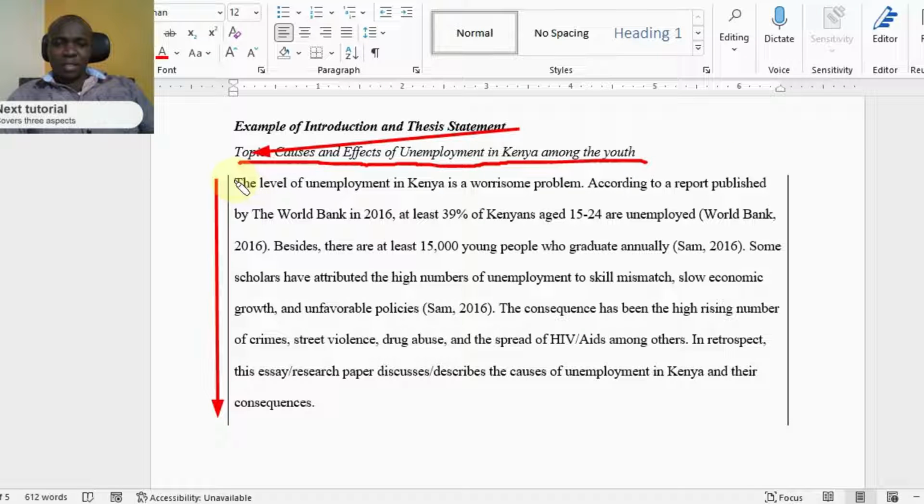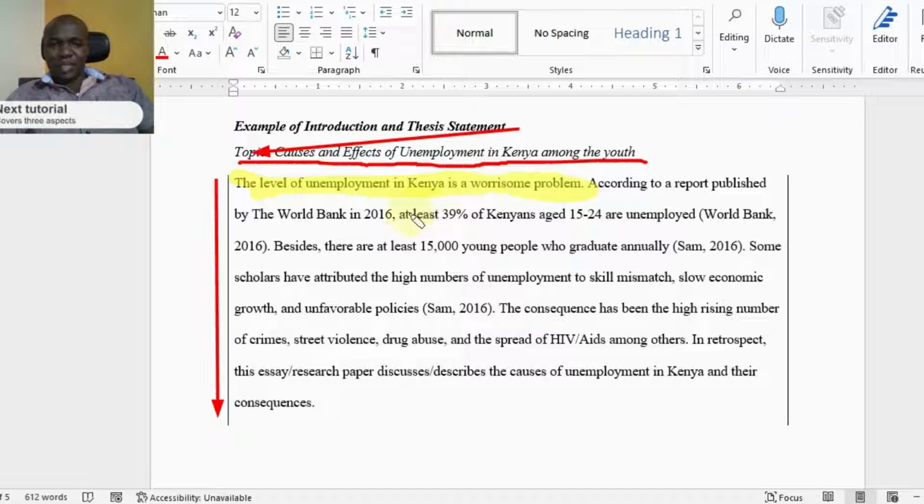My general statement is here. The level of unemployment in Kenya is a worrisome problem. So I've continued now. I'm giving the context according to a report published by the World Bank in 2016.